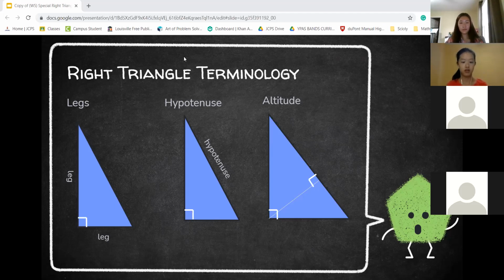But another thing you could do is treat the base as the hypotenuse and use the altitude as the height, because they're still perpendicular to each other. If you tilt your head this way, you can see how the hypotenuse could be the base and the altitude could be the height of a triangle. So you could find the area that way also. Yep.